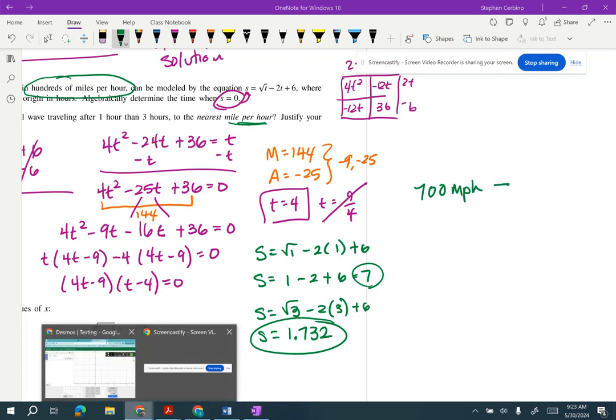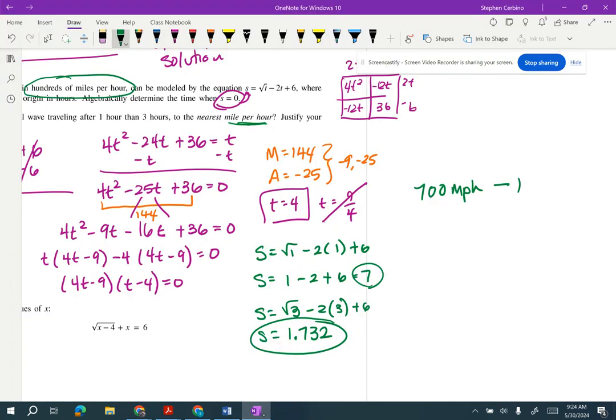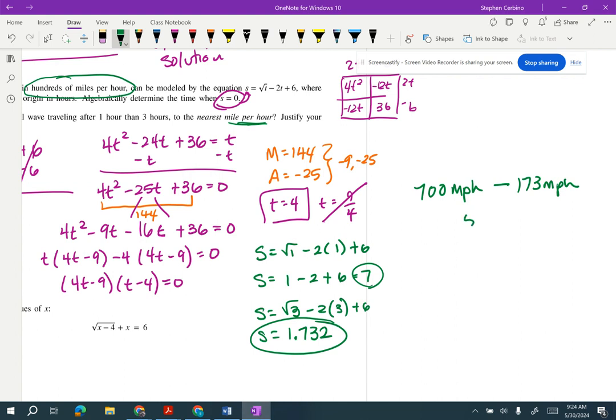Minus, if I take that 1.732 number and multiply that by 100, I get 173 miles per hour. So if I subtract 700 minus 173, I'm just rounding everything to the nearest whole number because that's what it asks me to do. I can see it happens 527 more miles per hour. That's the answer to the second part.